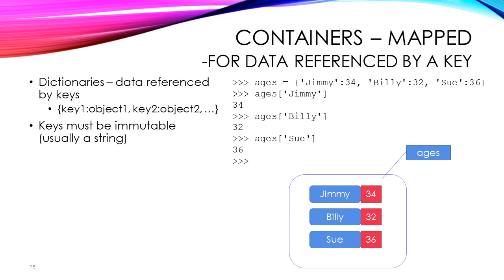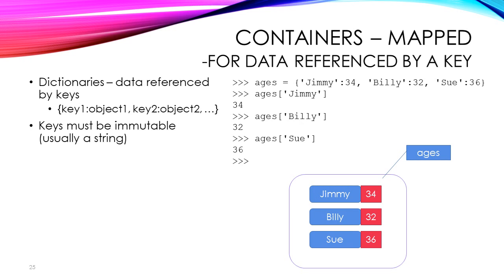So I've created a little dictionary here of ages. So we know that Jimmy is 34. To get to the next item in the dictionary, you use a comma. So we have Billy with an age of 32, comma, and then Sue with an age of 36. And be sure you end it with that ending curlicue bracket.